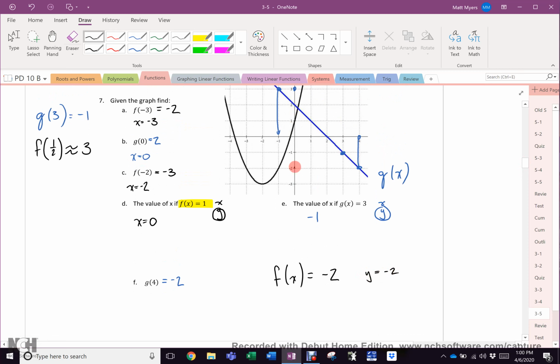So I go down to -2 on the f of x, which is the black curve, and I go out and I see, oh, there it is right there. It's -1. But look what happens here. I get it again. It's also -3.